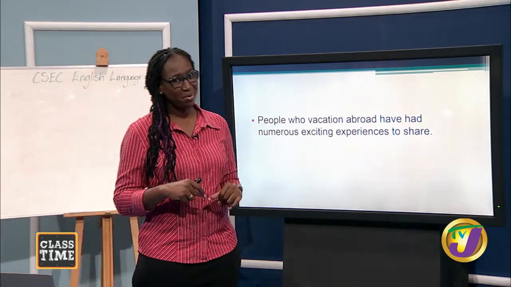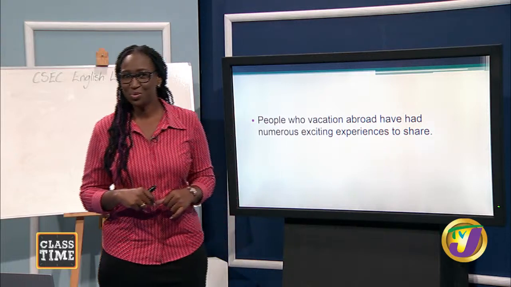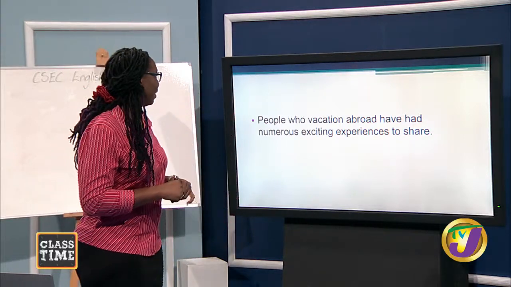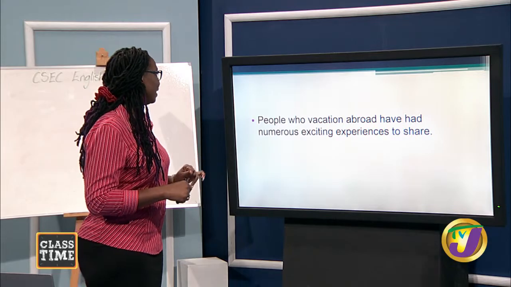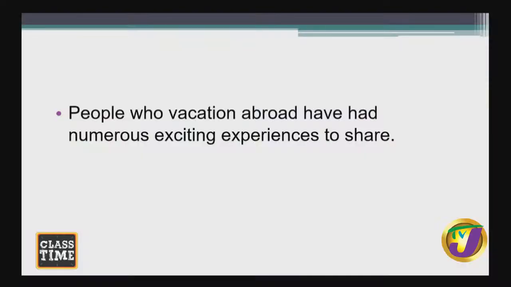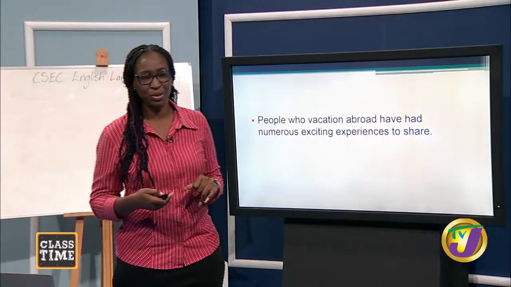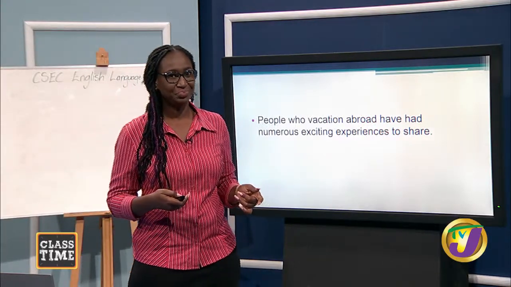This one you should remember, but how well do you remember it? Think again. People who vacation abroad have had numerous exciting experiences to share. What technique is being employed right here? What are we doing? What are we trying to do in order to persuade?